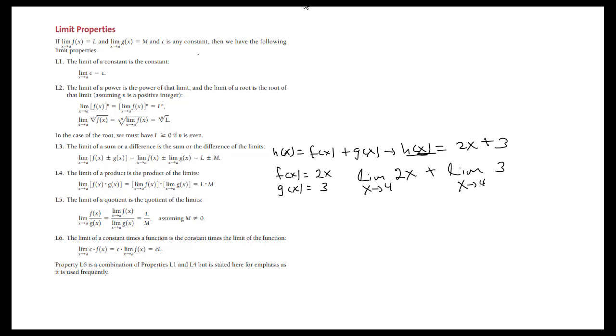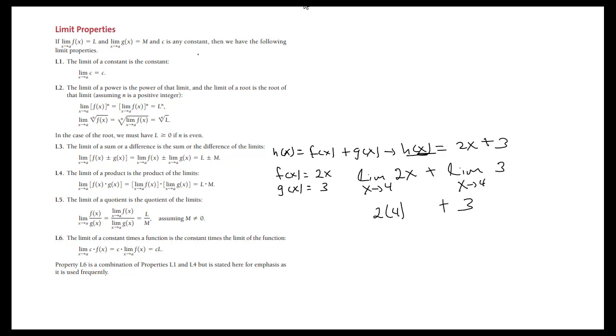As we said, this is going to be the limit when x approaches 4. To know the value of the limit, I just need to plug in the 4 instead of the x. And the limit when x approaches 4 of 2x is going to be 2 times 4. And as we saw in the first property, the limit when x approaches a of any constant is going to be the constant.